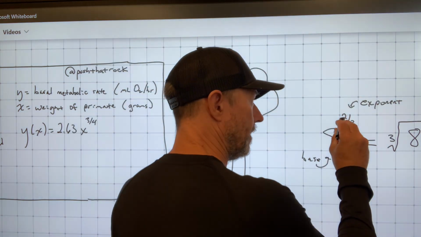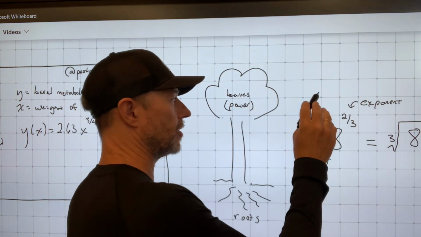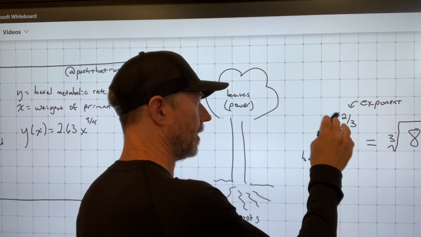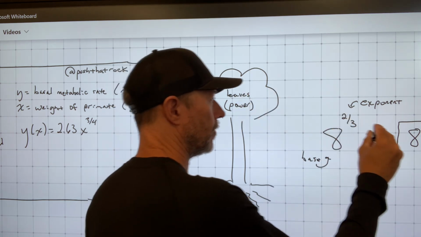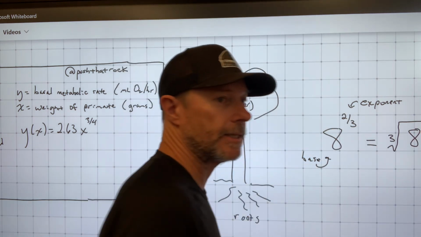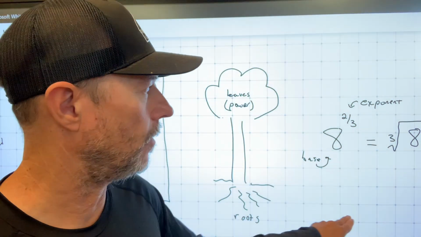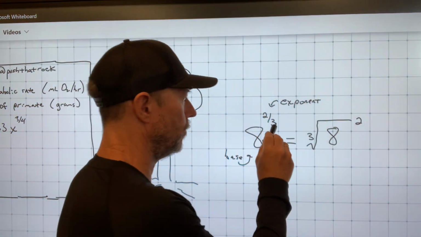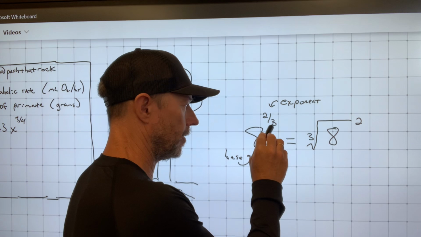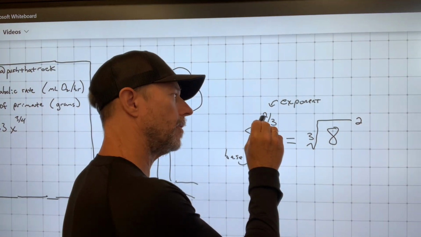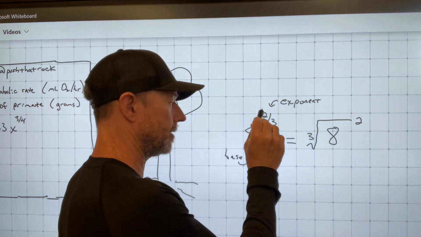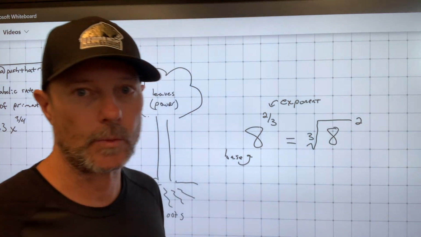So you leave the leaves up top. You leave the power up top where the leaves go. So it stays up there. Now, oh, y'all can't see that. So I took the root, put it here, the number in the bottom is the root. The number in the top is the power, and it stays where the leaves are in the top, okay?